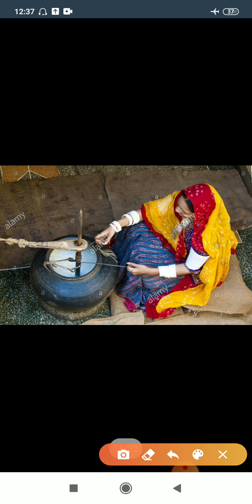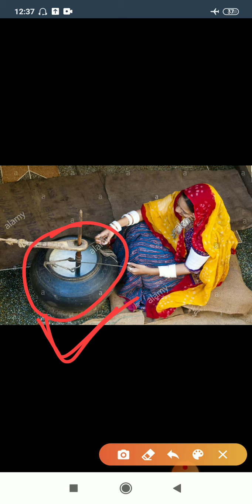Now you all were knowing about this method. In this method butter is separated from buttermilk. Now tell me why this method is used for separating butter from buttermilk.